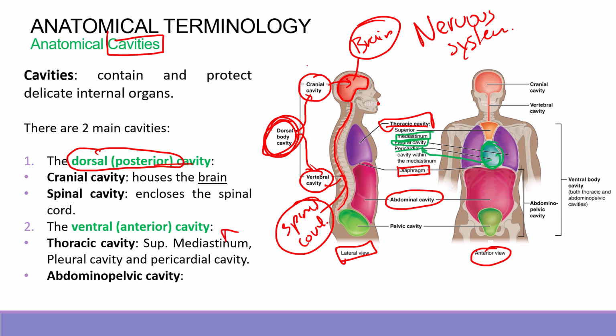Another name for the inferior mediastinum is the pericardial cavity, while the superior mediastinum retains the name, and you can find here in the superior mediastinum things like the aorta, vena cava, thymus, etc. So: lungs, pleural cavities; heart, inferior mediastinum or pericardial cavity; aorta, vena cava, thymus, superior mediastinum.